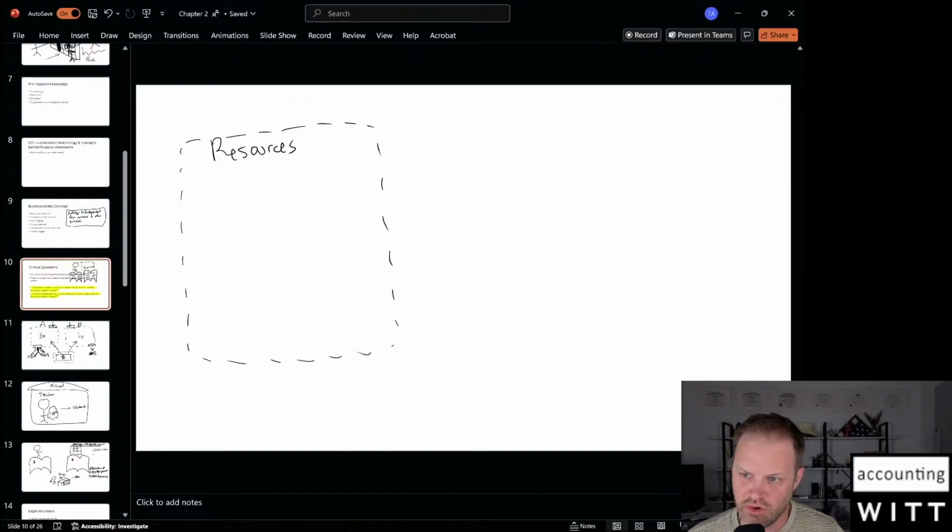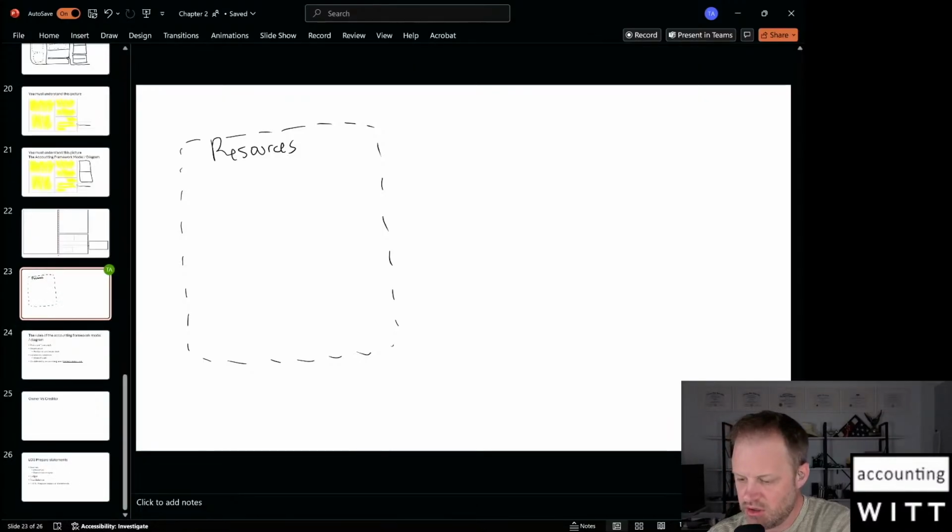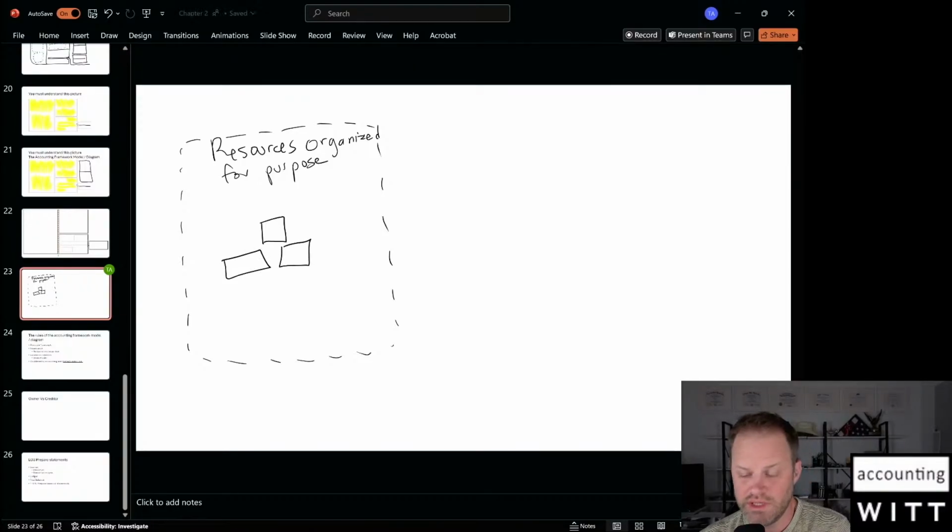So resources are organized for a purpose. So let's say we've got these resources. They're organized for a purpose. And each organization has owners or stakeholders.